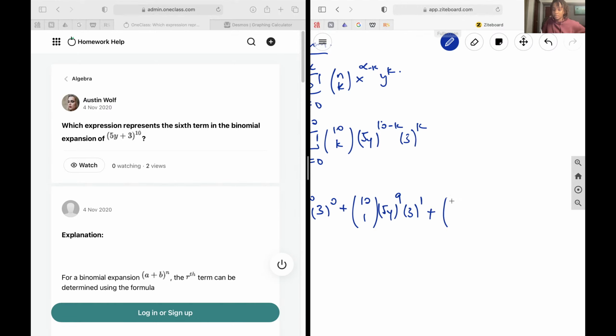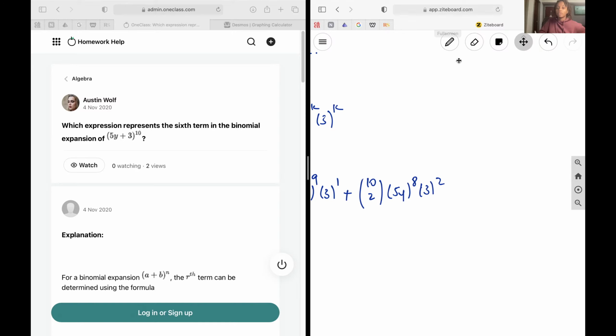So when k equals 2, 5y to the power of 8, 3 squared. If you can't tell, the power for the 5y is decreasing by 1, for the 3 is increasing by 1, so you can just keep with that pattern instead of constantly saying 10 minus 2, 10 minus 3, and so forth.